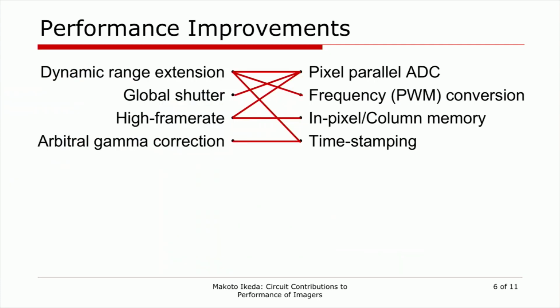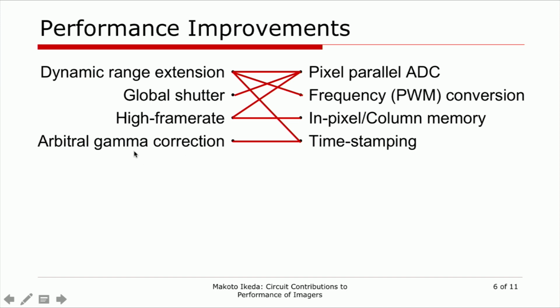So how can you improve the performance, and what kind of performance improvement can you realize? For example, dynamic range extension can be realized by either pixel parallel A/D converters or several other techniques like frequency conversion or time stamping. Global shuttering can be realized by pixel parallel A/D converters, or high frame rate also can be realized by pixel parallel A/D converters as well as in-pixel or column parallel memories.